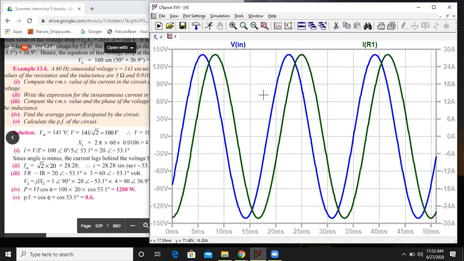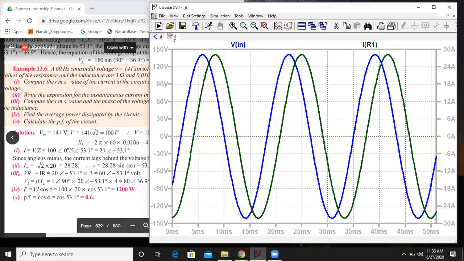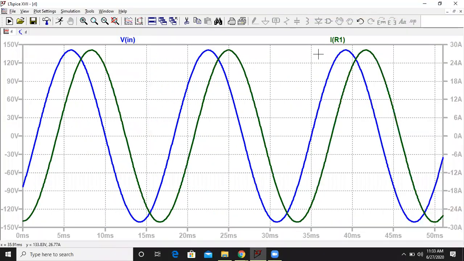That means the current is lagging behind the voltage. This is the source voltage and the source current. Again, I repeat, this is a series network, so the current will remain the same. This is the plot. If someone asks you in the question to plot the input source voltage versus the source current, this is the plot you need to show.